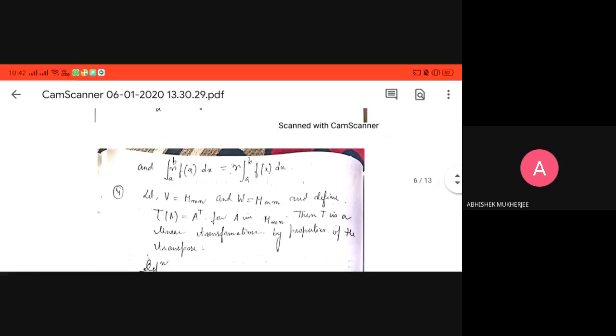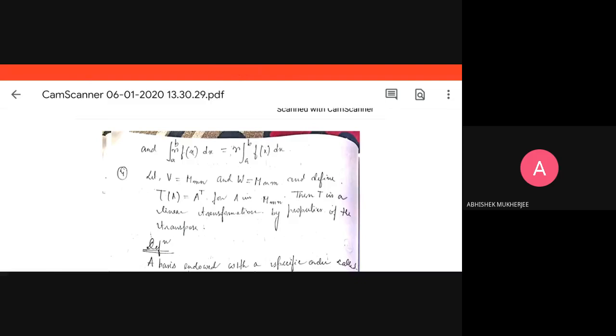Now we know that for integrable functions, the integral from a to b of (f(x) + g(x)) dx equals the integral of f(x) dx plus the integral of g(x) dx. So the first property is satisfied. Then I will go to the second property. Similarly, the integral from a to b of r f(x) dx equals r times the integral from a to b of f(x) dx. So both conditions are satisfied. So we can say that T is a linear transformation.